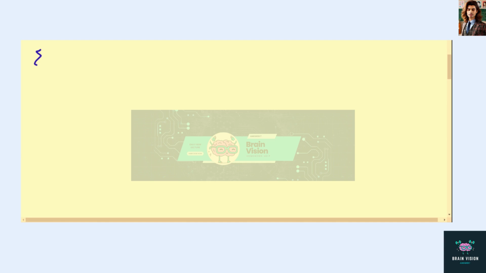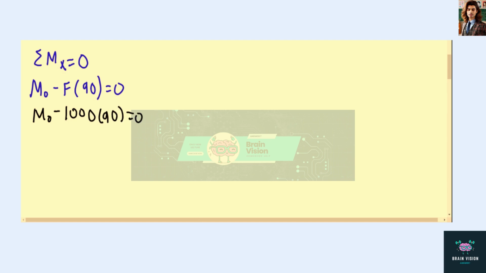So I'm going to write that the sum of moments in the x direction is equal to 0, which you can write as m naught minus f times 90 is equal to 0, and we can substitute in f, and we find that m naught is equal to 90 i Newton meters. And the i just tells us in what direction this moment is.